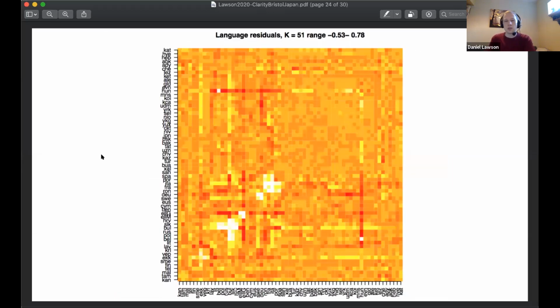So this is the residuals for that matrix, and everything where the residuals are high makes perfect sense. The first is Hungarian. Hungarian is a Finno-Ugric language that is spoken in Hungary and is very different to all of the other languages around it. This sticks out very strongly because genetically Hungarians are not very different from the people around them.